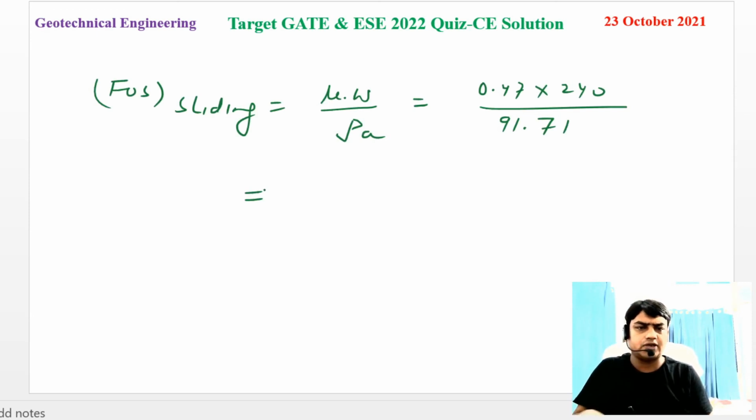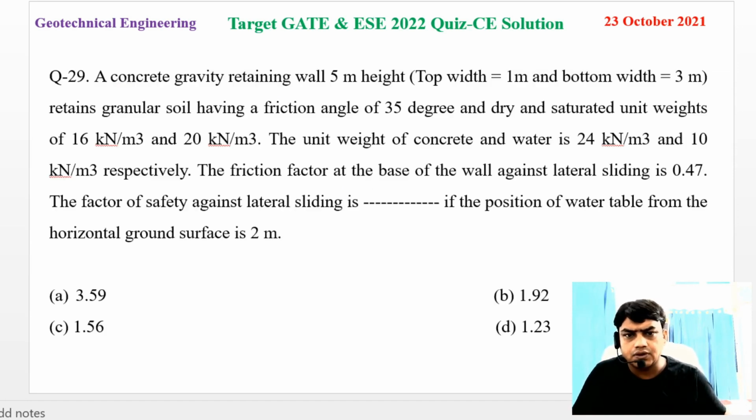The factor of safety against sliding is 0.47 into 240 divided by 91.7, so this value is 1.23. So if I see the options, D option is correct. The factor of safety against sliding for this question is 1.23.